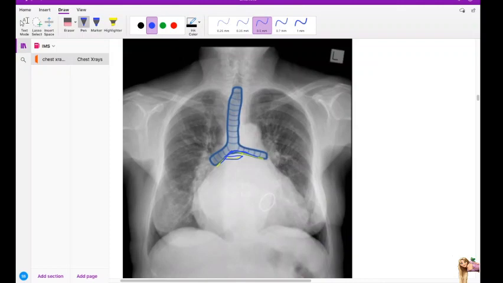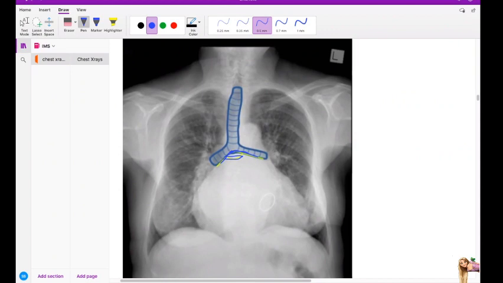Cardiomegaly. Which chamber of the heart more specifically? Actually it's left atrial enlargement. We'll discuss this more in the next class when we do cardiac.